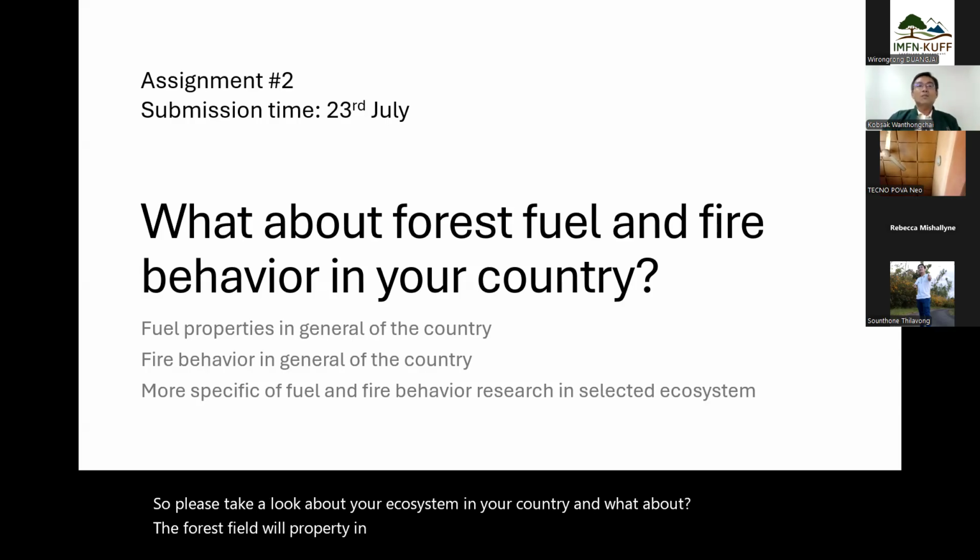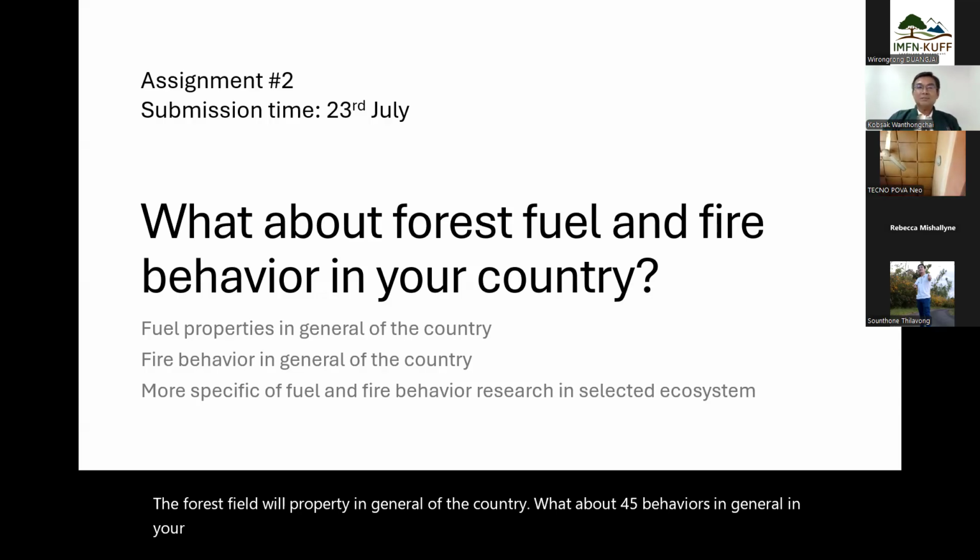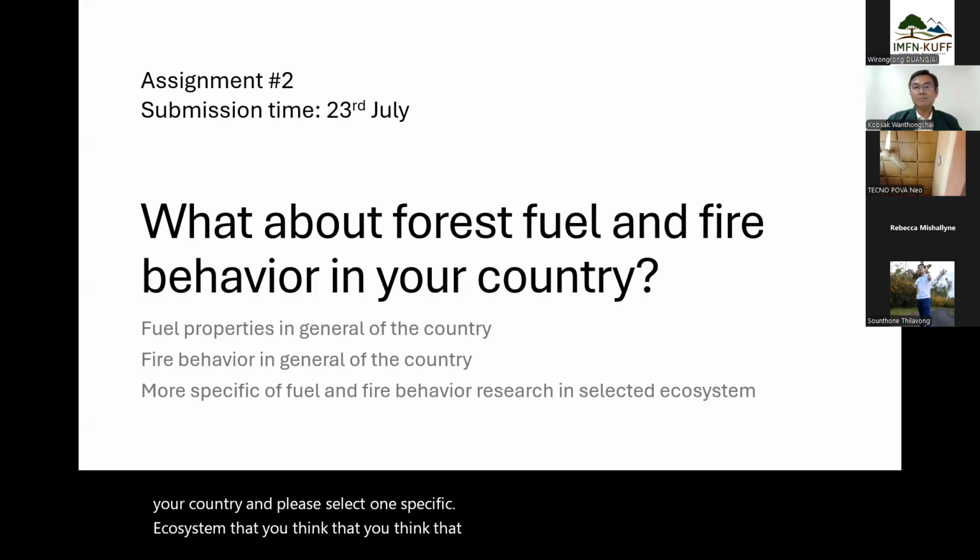What about forest fire behaviors in general in your country? And please select one specific ecosystem that you think is very important and closely related to forest fire, and then bring it out in terms of behavior of fire, forest fuel characteristics, etc.